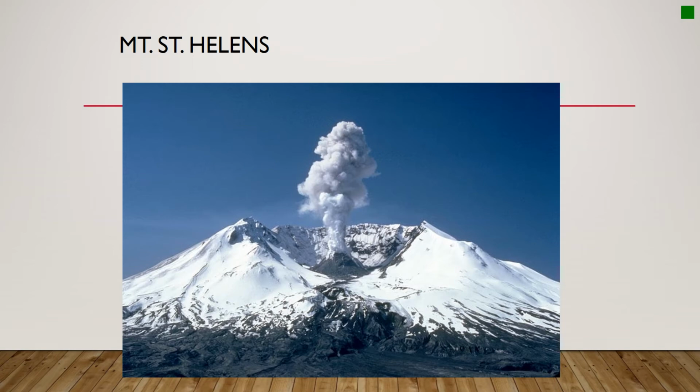So it was a big major eruption, and again, this mountain is due to the subduction of a small plate that sits right to the west of the state of Washington and Oregon, in the Pacific Ocean. There's a small plate in the Pacific Ocean, and it is subducting or sliding underneath the North American plate, and again, that friction and pressure is causing these volcanoes that developed in Washington and Oregon.